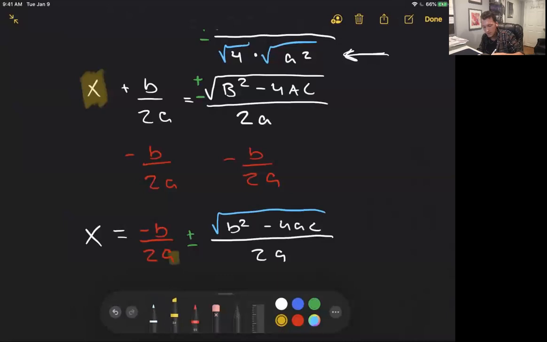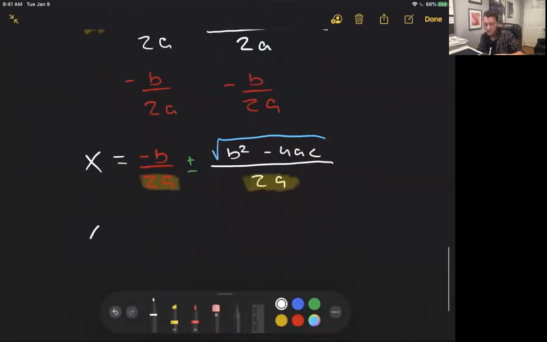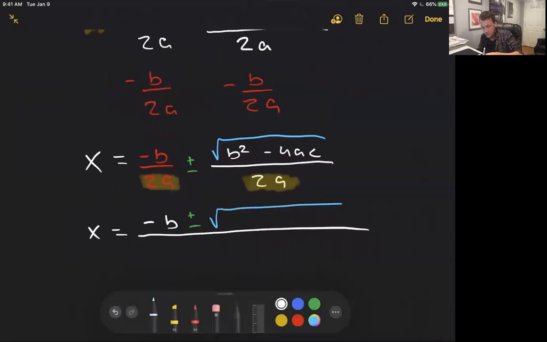And what did you know? Hey, they have common denominators. So what can we do right here? Well, we can put them all under the same fraction. So negative b plus or minus the square root of b squared minus 4ac all over what, folks? 2a.